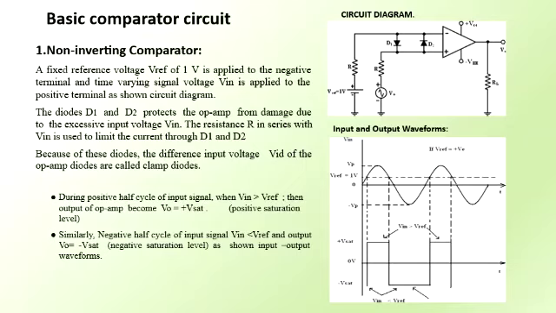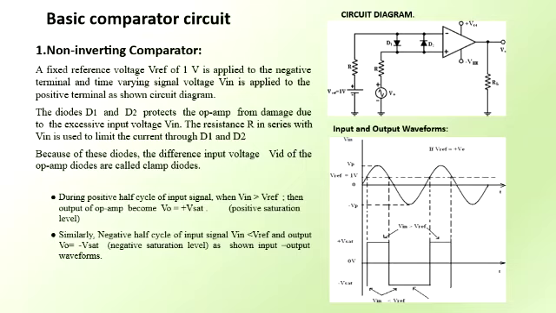The resistors in series with both sources, V reference and Vin, limit the current through diodes D1 and D2. Because of these diodes, the difference input voltage VID of the op-amp is clamped, so they are called clamp diodes.